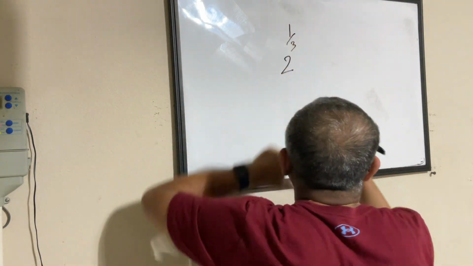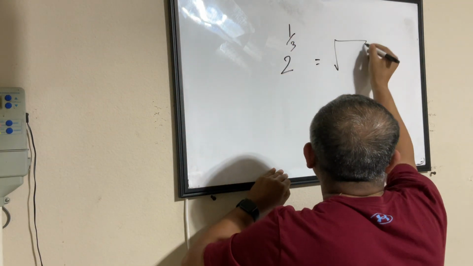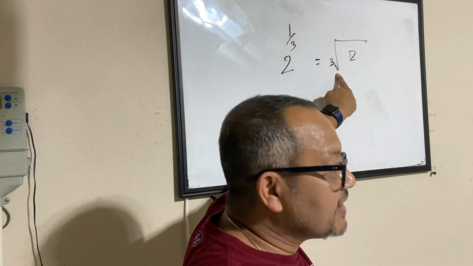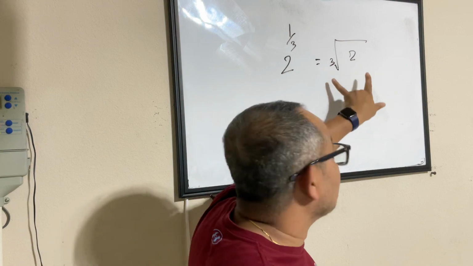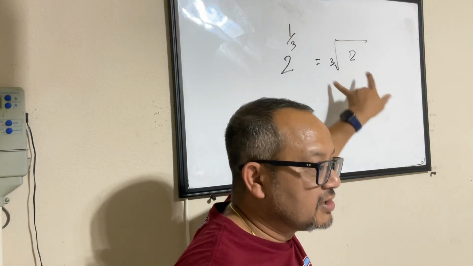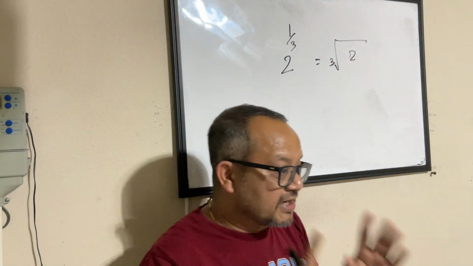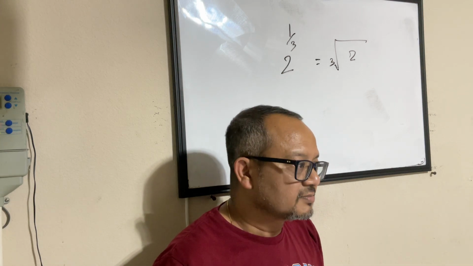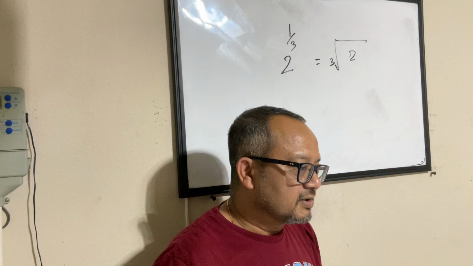That's why it's called rational exponent. If I represent it as the cube root of 2, this is called radical exponent, because it's the radical form of representation. So rational and radical exponents are the same thing. These are just two different representations. Does it make sense so far?